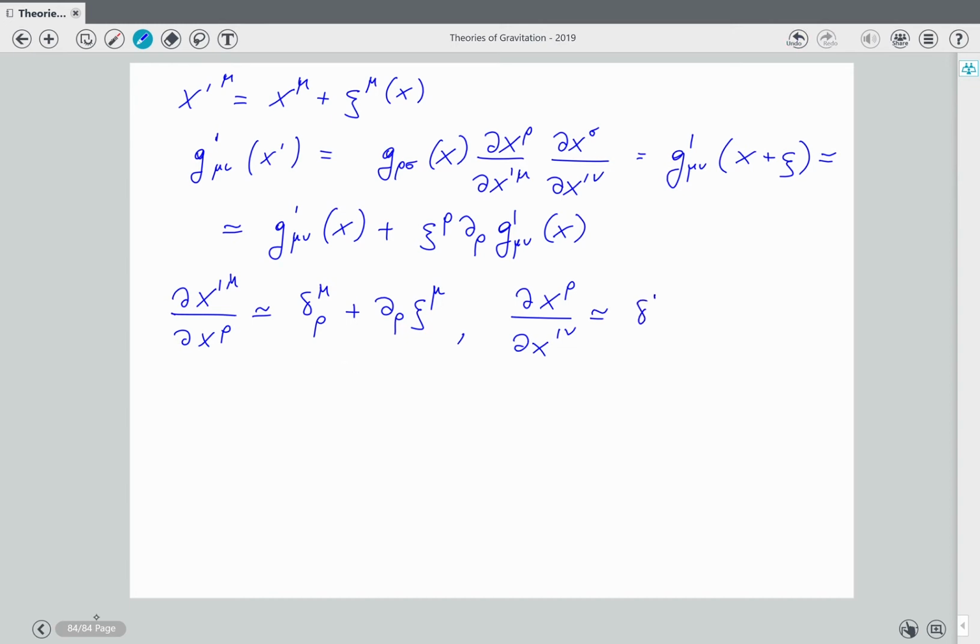So it will be δ^ρ_ν minus ∂_ρ ψ^ν. Let's check. No, ∂_ν ψ^ρ, because when you multiply this like this, the cross contributions cancel out.